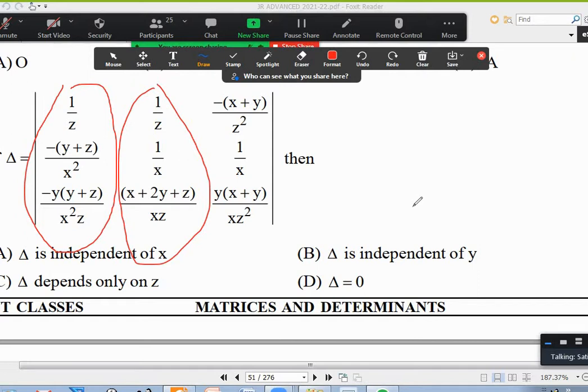So I have to write the question on the board first. 1 by z, minus x plus y by z square, minus y plus z by x square, 1 by x. Here minus y into y plus z by x square z, x plus 2y plus z by xz, and y into x plus y by z square.